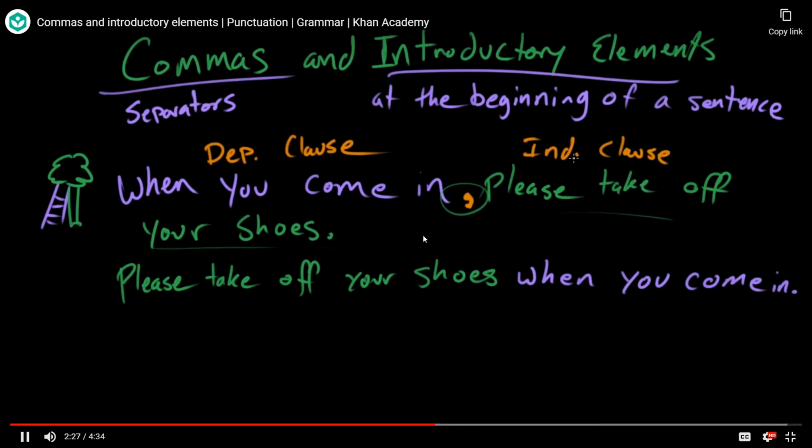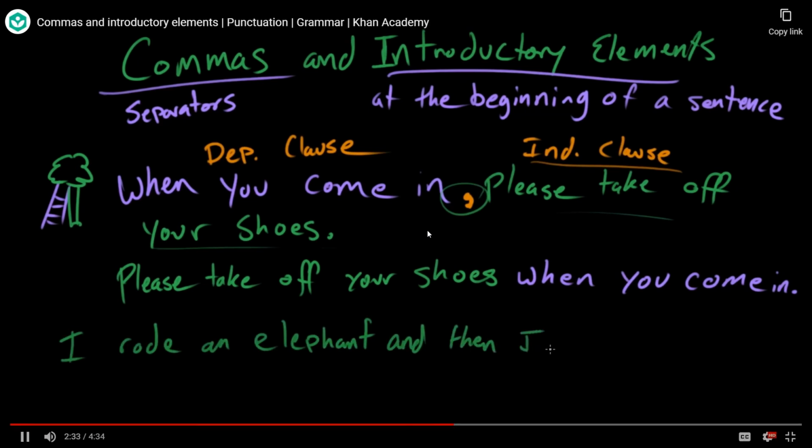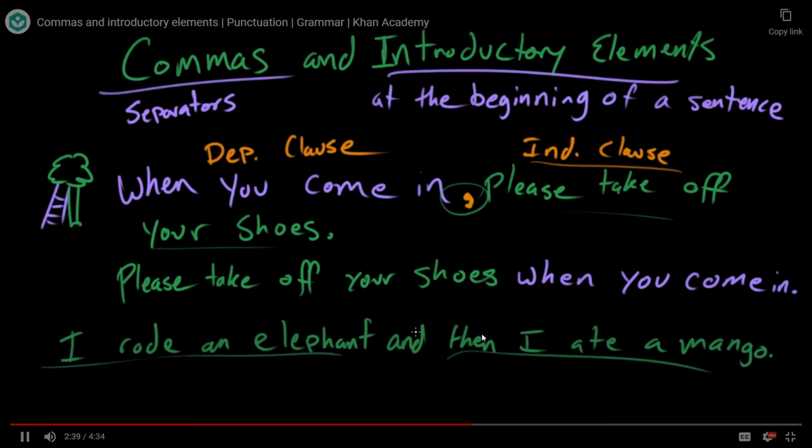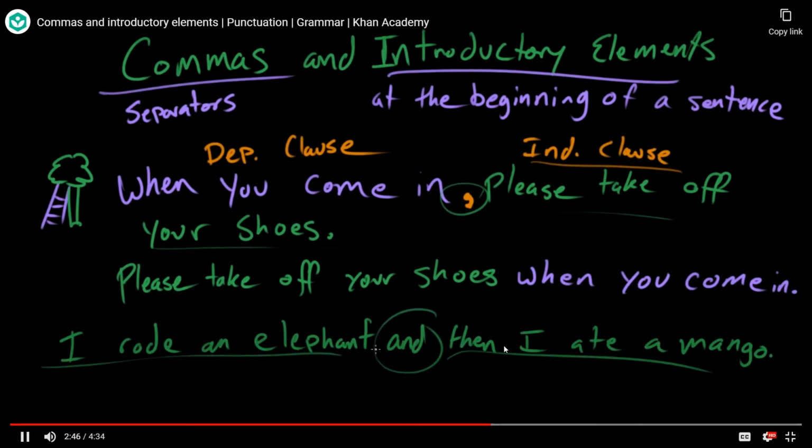But that is just the rule that we have to use grammar. If you are uniting two independent clauses, in the following sentence, I rode an elephant and then I ate a mango. These two things are both independent clauses, right? I rode an elephant, then I ate a mango. These two things need to be connected by this conjunction and, but that's not all. They also need to be joined by a comma.